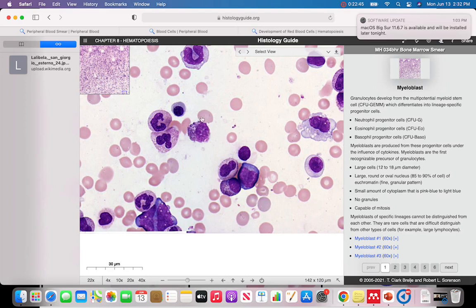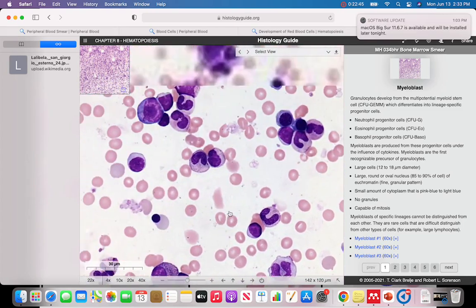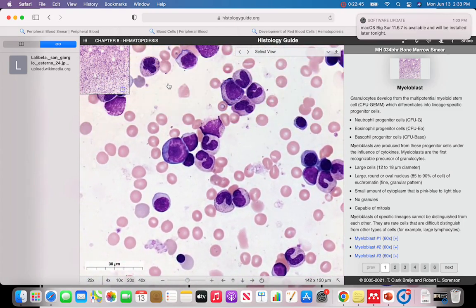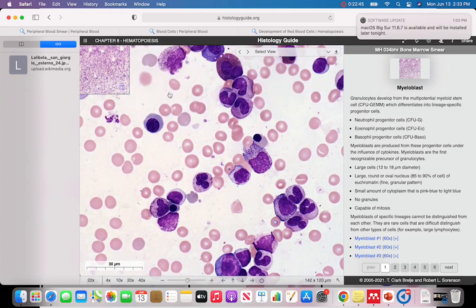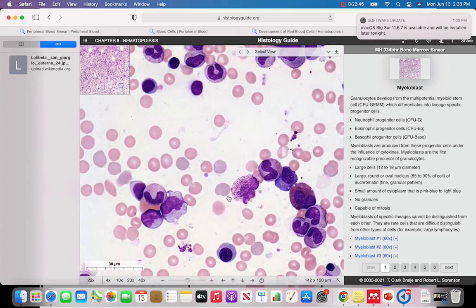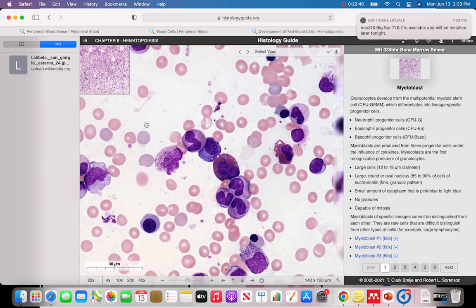As you see, the granules are basophilic and the nucleus is round. And now let's look for a basophilic metamyelocyte. As you know, they are the rarest white blood cells, so it might be hard to find the basophilic lineage, so you can use the legend to find this basophilic lineage.